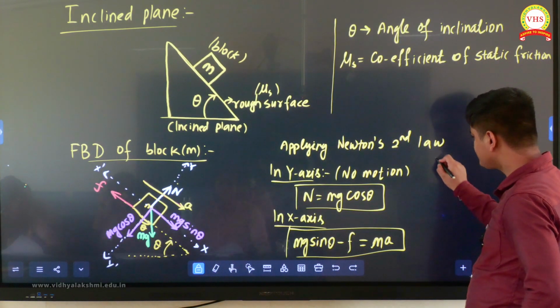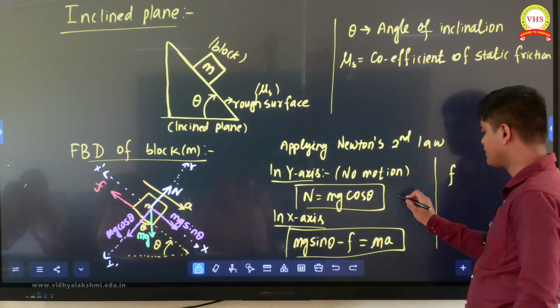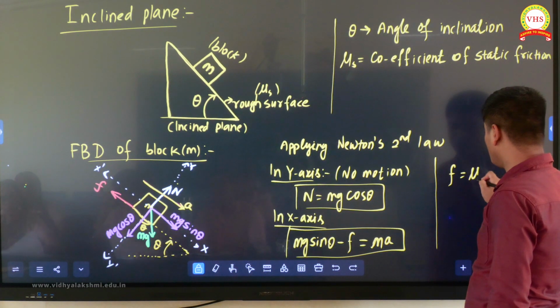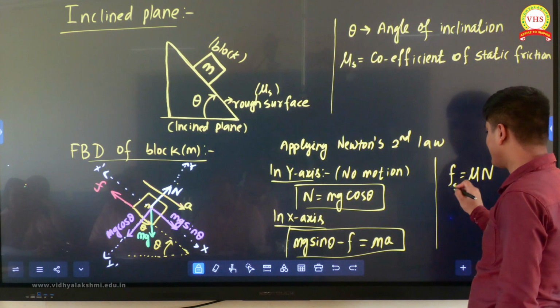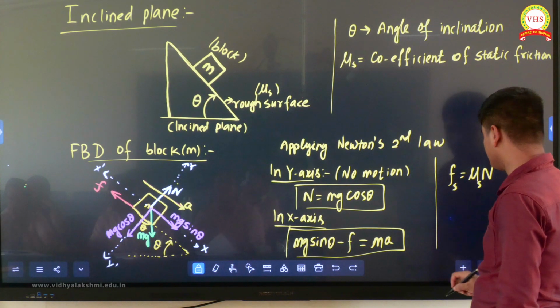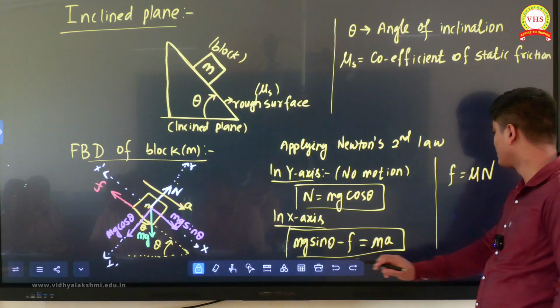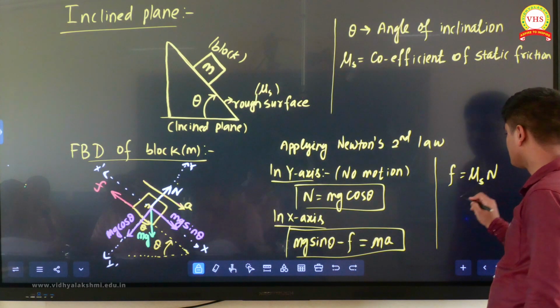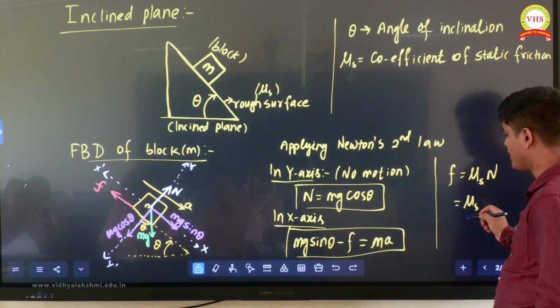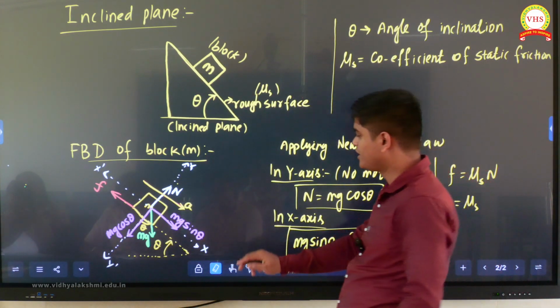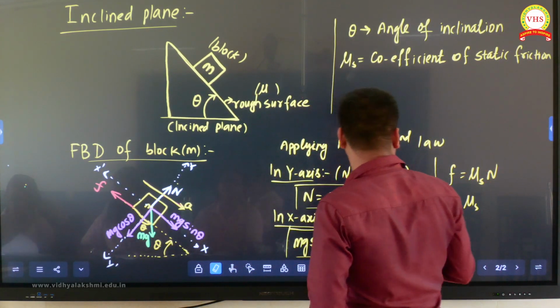And as you know, F equal to nothing but what? F equal to mu times N. F, the friction value or the maximum value of static friction, is nothing but mu times N. Now here it is mu s, or mu basically you can write. You can write mu also, no worries. Mu is the static friction value.